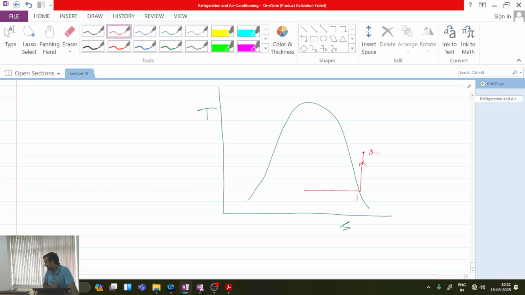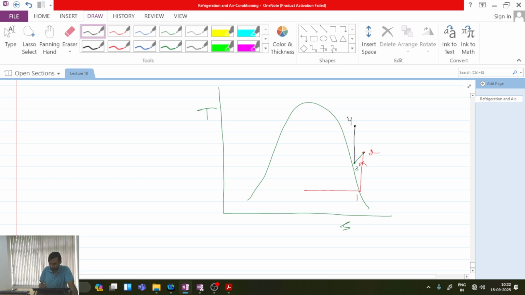Intercooling, so it means isobaric heat rejection. At constant pressure, we are doing intercooling. So how will the process look? Like this. So 2 to 3 will be intercooling. Then from point 3 again I will be doing the isentropic compression, so I will be going to point 4.